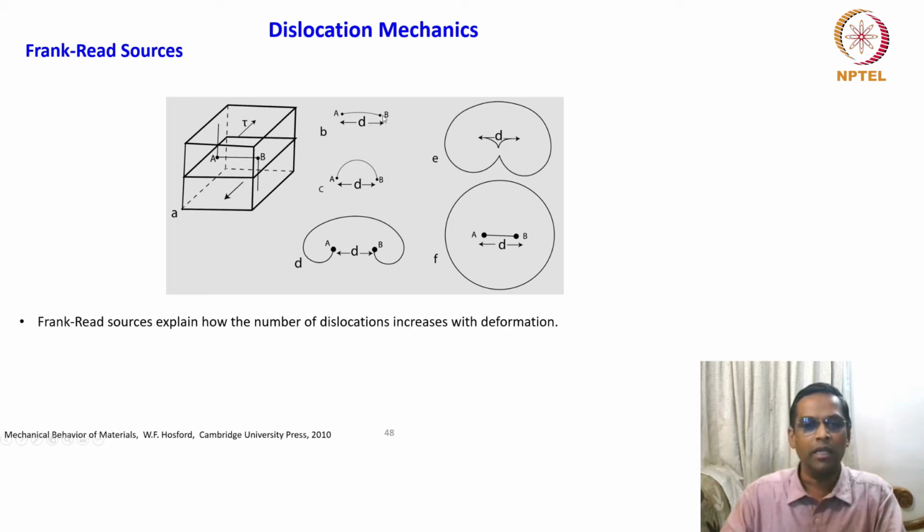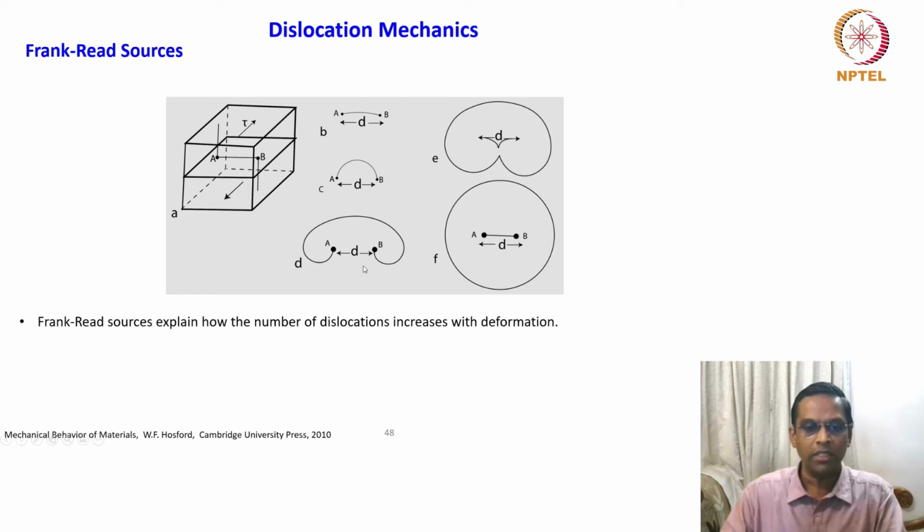The dislocation line gets bowed. The distance between these two points is D. And as the stress continues to increase, the bowing becomes more significant and the radius becomes larger. Then the extension of the dislocation bowing becomes extreme as the shear stress increases.